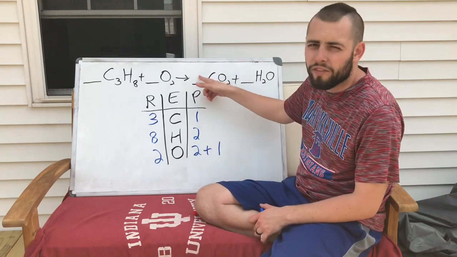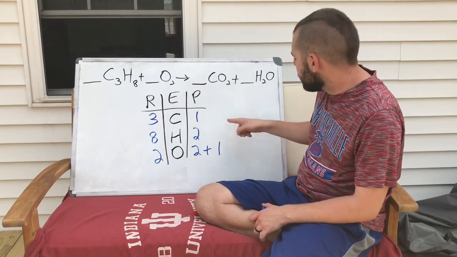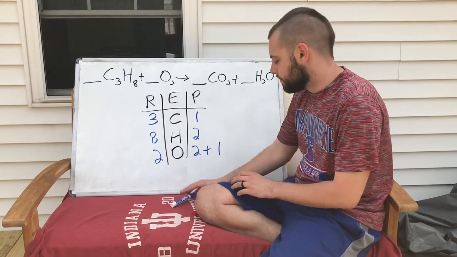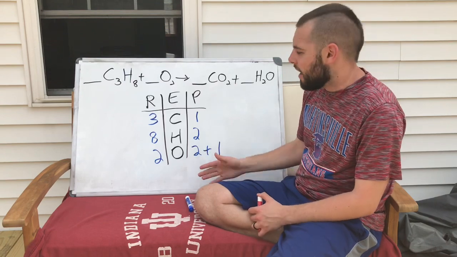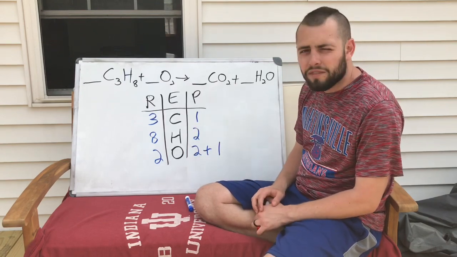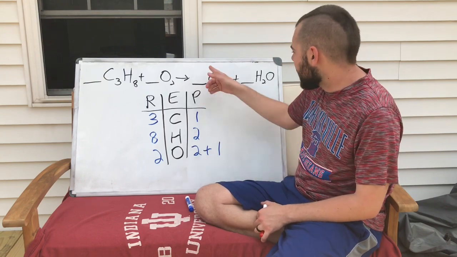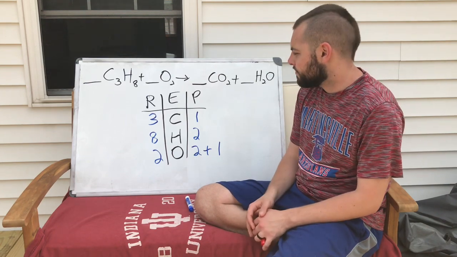So if I put a coefficient here, it'll only affect the 2. If I put a coefficient here, it'll only affect the 1. This is going to make our life a lot easier. So I've made my rep table. I know how many atoms of each element I have on both sides of the reaction. Now I need to add coefficients to balance this reaction.